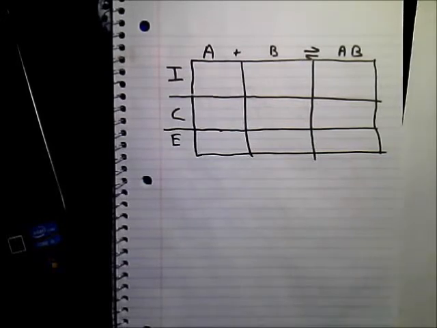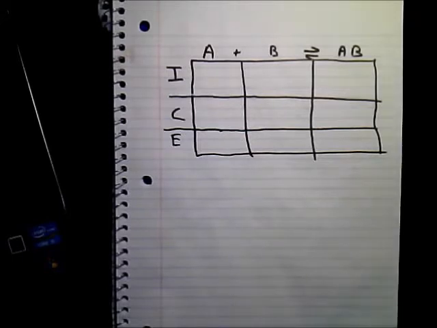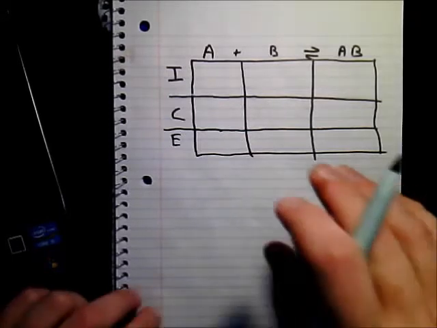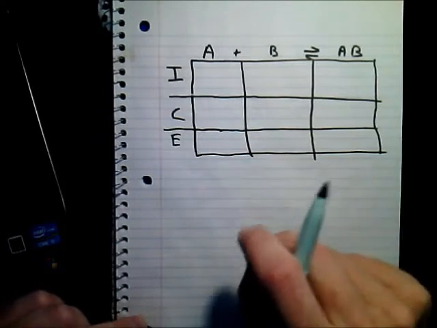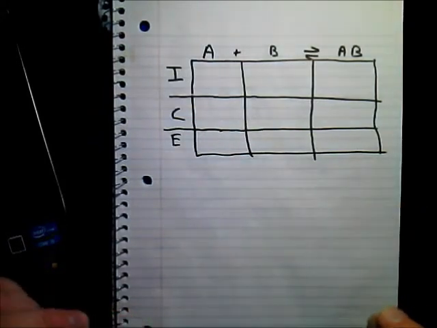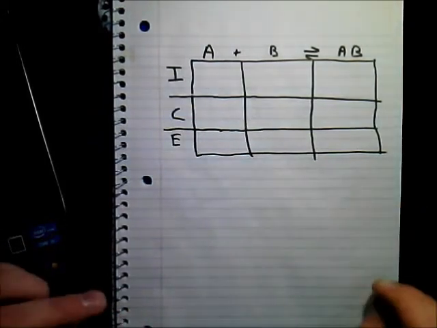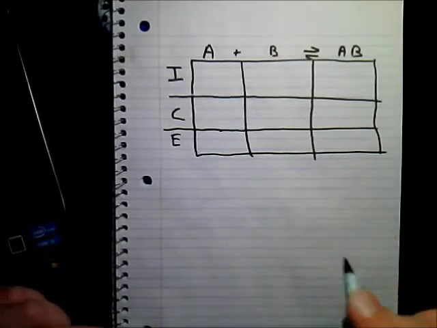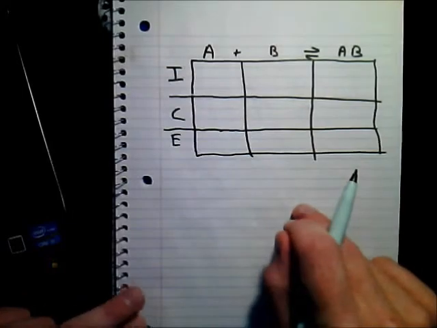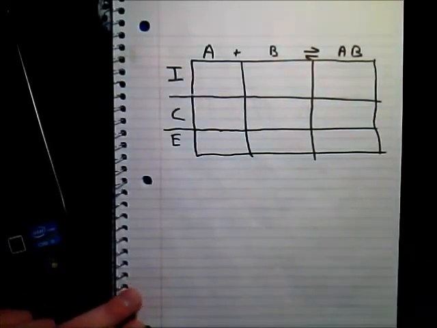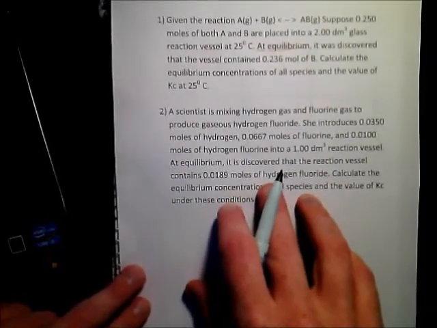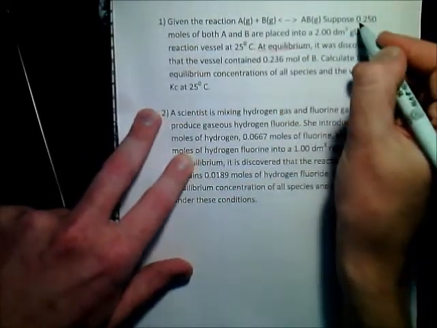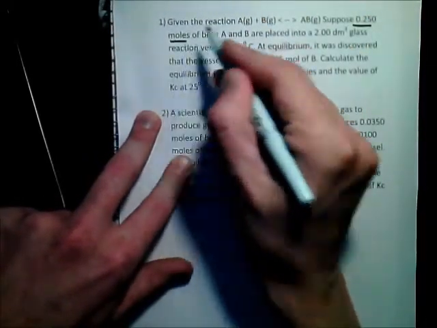When it comes to ice tables, it's important that we only put concentrations into these. We're always going to use concentrations only in ice tables. There's a couple of reasons for that, and there's a couple of approaches, but I think overall our best bet is to make sure that we always put concentrations into ice tables. One of the issues we run into here is we're not given a concentration, we're given a number of moles.